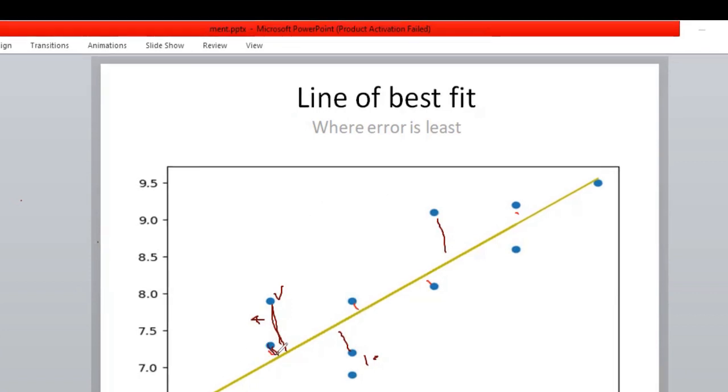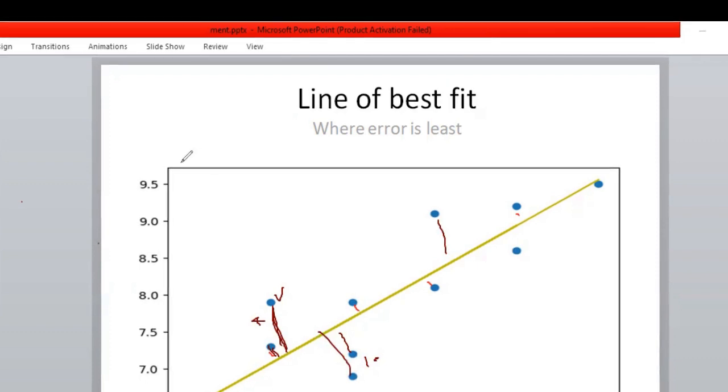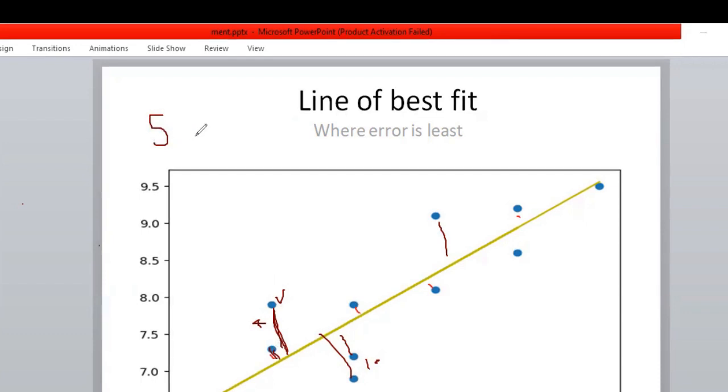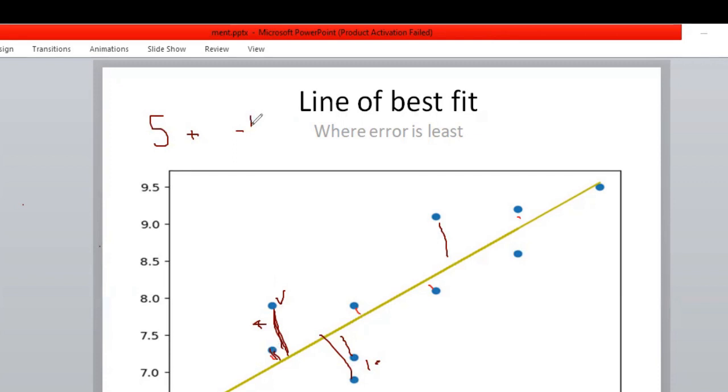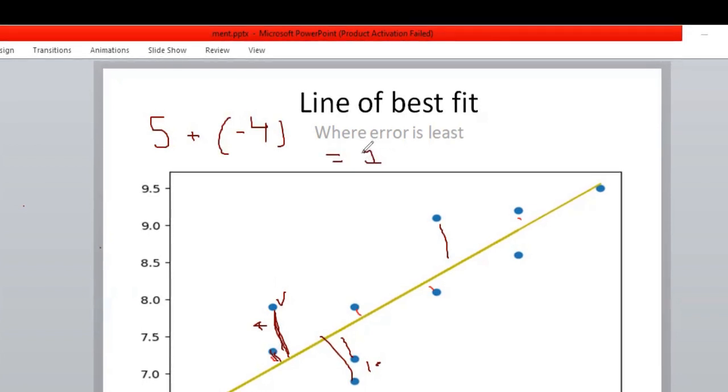This distance, this distance, this distance, and all the distances are added so that we have a final value. But let's say one distance is 5 plus another distance of -4. That's not right because 5 plus -4 will give me 1. But I don't want such confusion of negative values. So I have to do something with these.